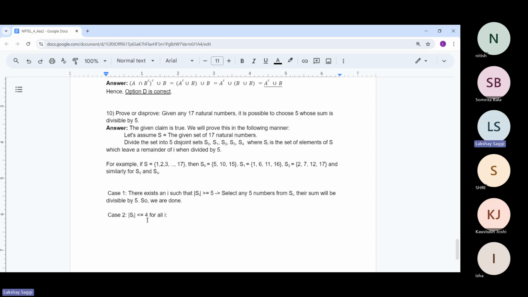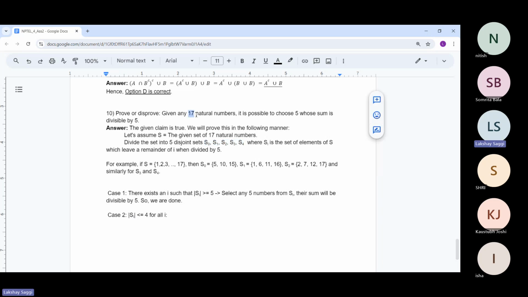Because if Si was 5 for any one of the i's, then we have already solved that. So now what we have is Si is less than or equal to 4 for all of these, S0, S1, S2, S3, S4.